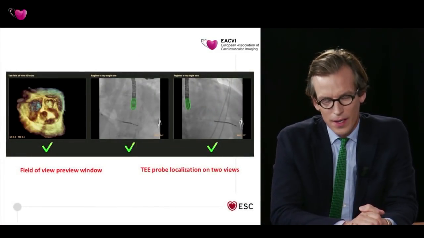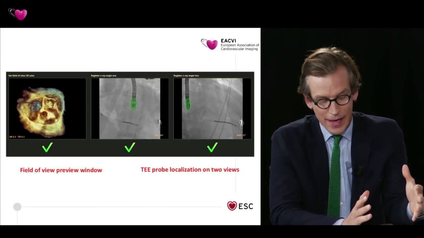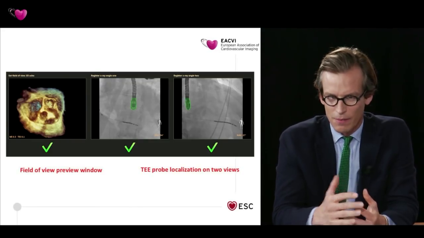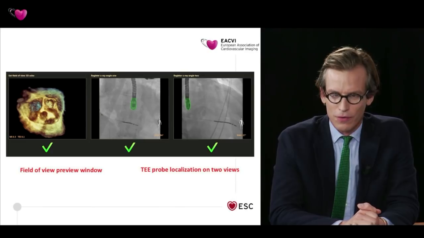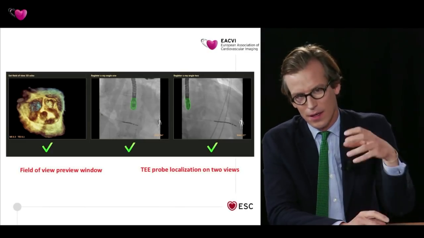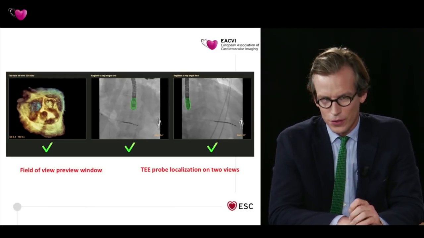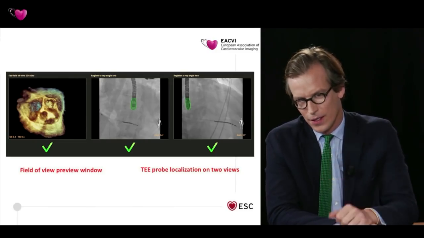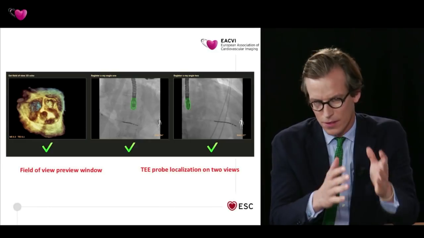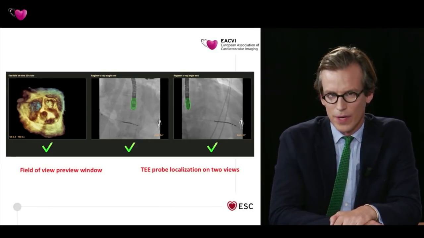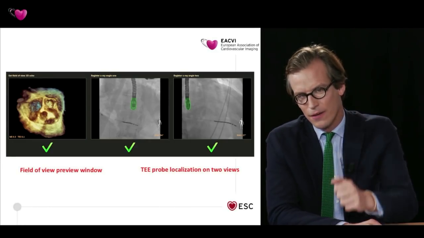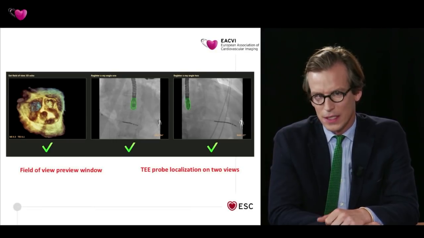How does this work? So you need to take echo information and fuse it, marry it to your fluoroscopy machine. And this is done by creating a 3D complete volume and then giving your fluoroscopy machine or the software that combines the two information about the position of the TEE probe.